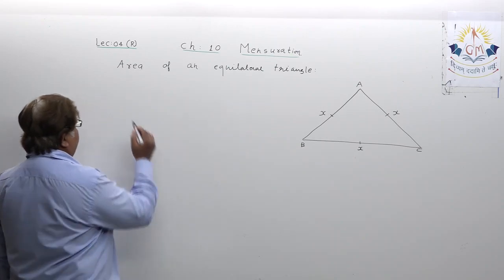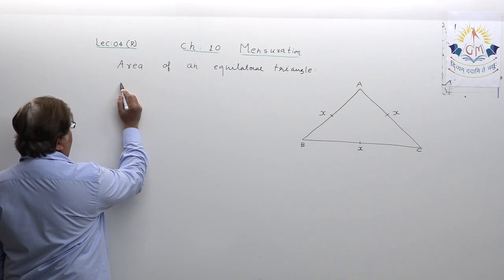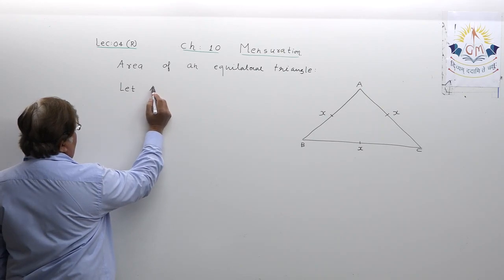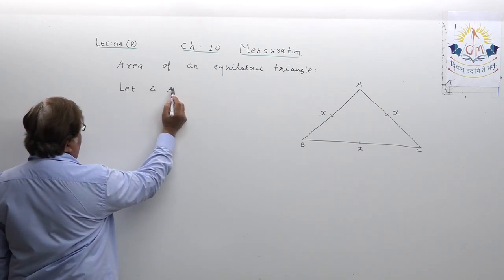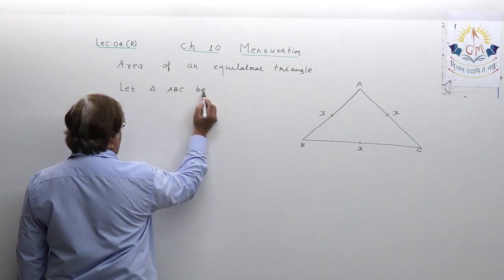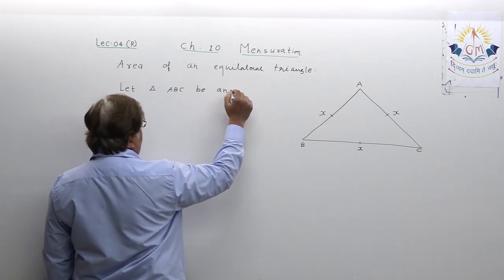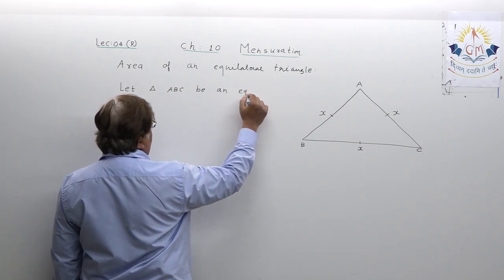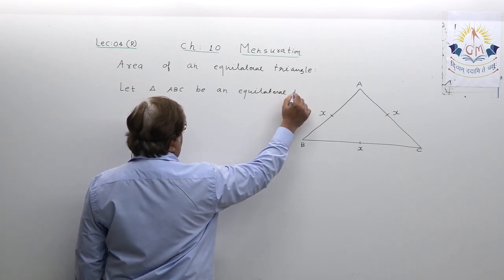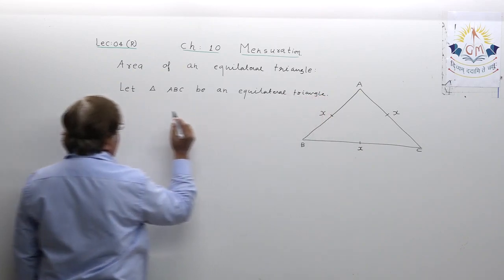Let me first write. We are starting the derivation, dear student. Let triangle ABC be an equilateral triangle. Just write with me, okay? Equilateral triangle.